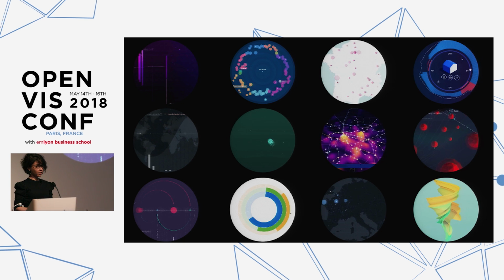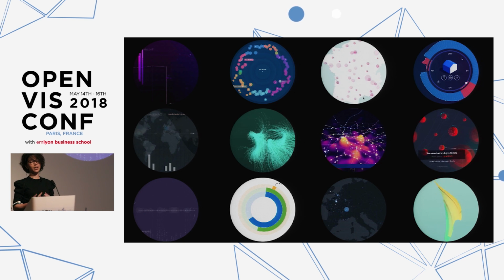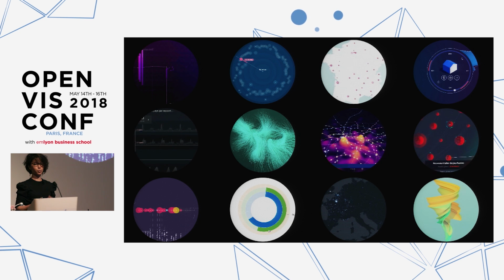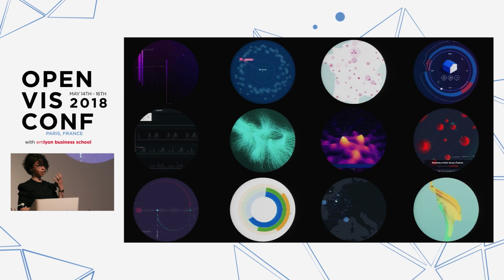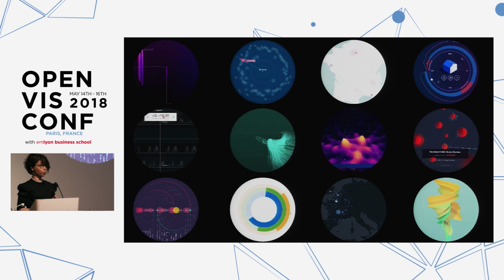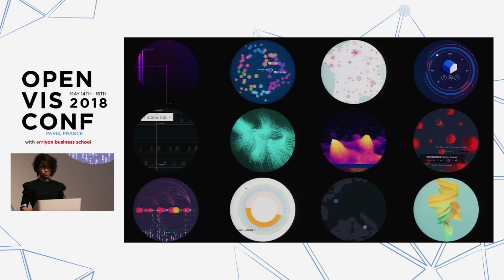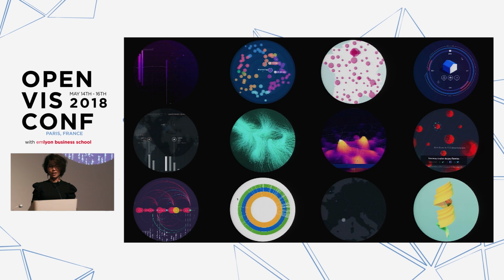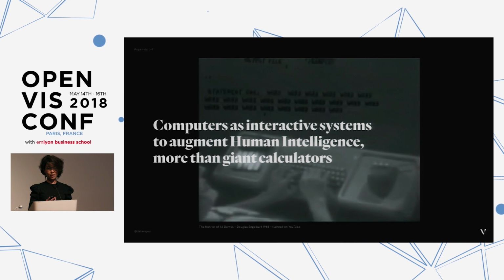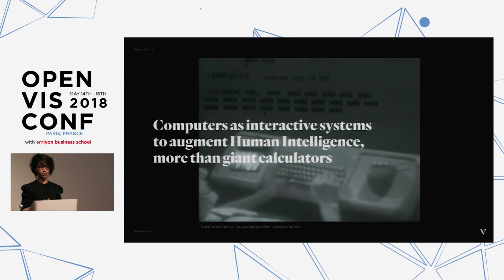But in the case of data visualization, making visible the invisible takes a special meaning. It's really about improving our perception of the world rather than improving our sight. And it's not a new idea that we can increase our human perception.